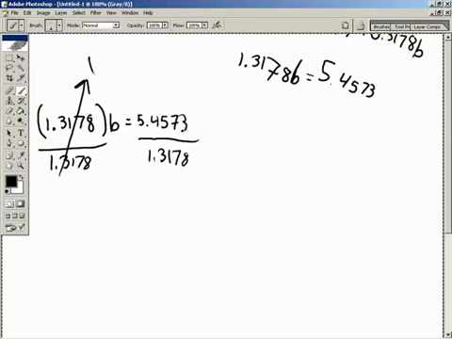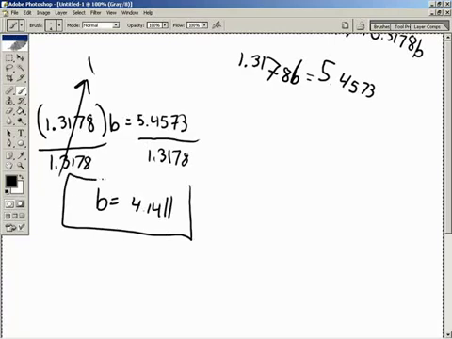So 1.3178, I believe the rest of it goes 32452 or some such. And you're going to get that b, when all is said and done, is equal to 4.1411. So that's how you'd use the law of tangents. As you can see, it seems to be a lot of work. It actually is quite a bit of work. It's almost always a lot quicker to use the law of sines or the law of cosines. But at least now you know how to work with the law of tangents.